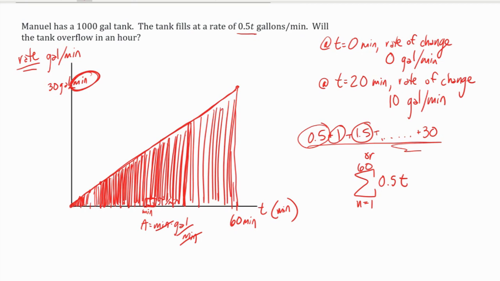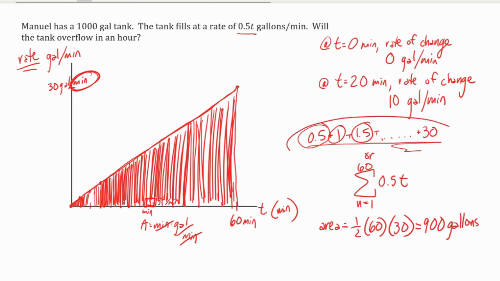So if I do that visually, what am I shading? I'm shading the area under the curve, which is this entire triangle. That total area gives me the number of gallons, and it's 1/2 base, which is 60, times the height, which is 30. That ends up being about 900 gallons total.